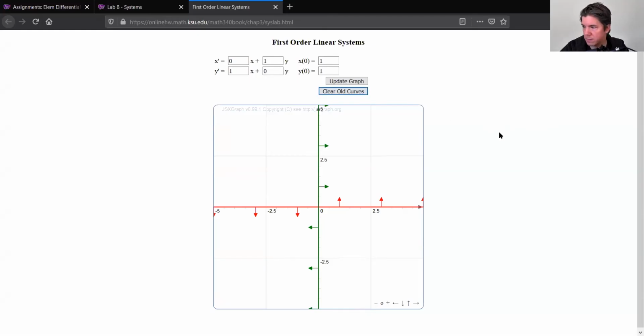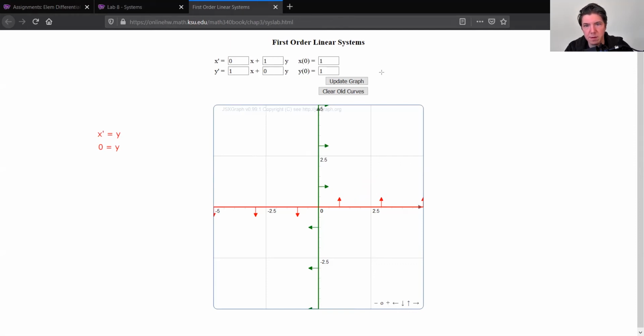Okay, here is an example of the applet. They're the green and the red nullclines that we just looked at previously. So let me do some annotation. If we take x prime equal to y, and then we say that should be 0, so that we have 0 equal to y, which I'll type in a second here, then what we have is exactly this nullcline here.